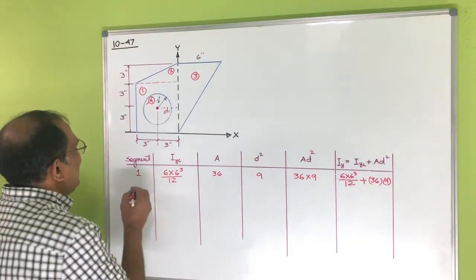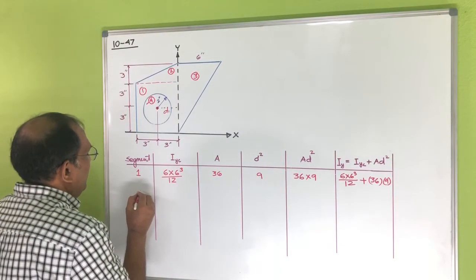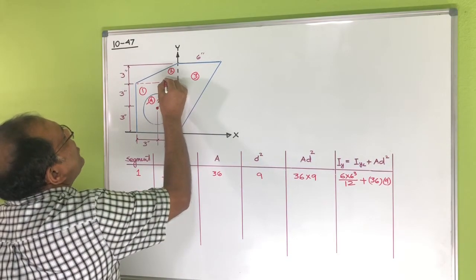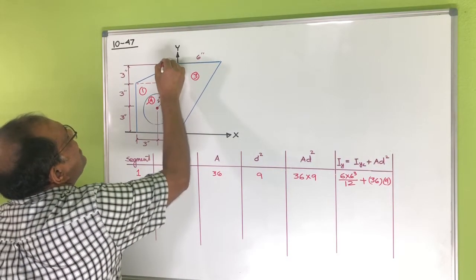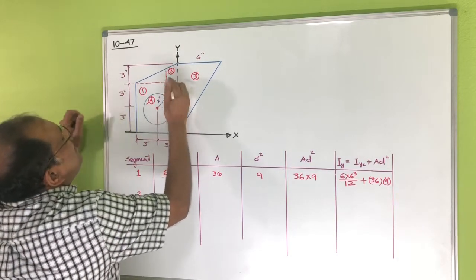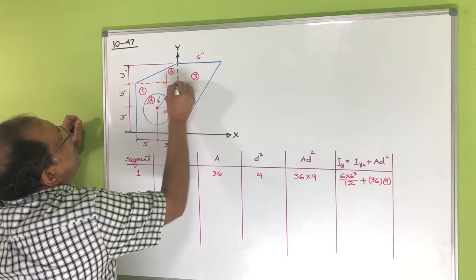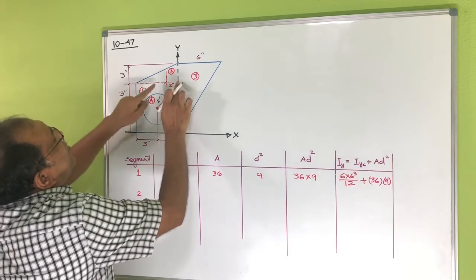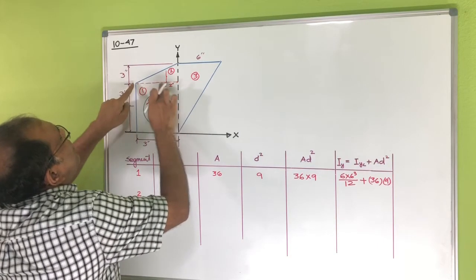Now let's say segment 2. This is my segment 2. Where is the centroidal y-axis here? That must be somewhere here. If the total is 6, then from here to here that has to be 2, right? 1/3 from the base, 2/3 from the apex.